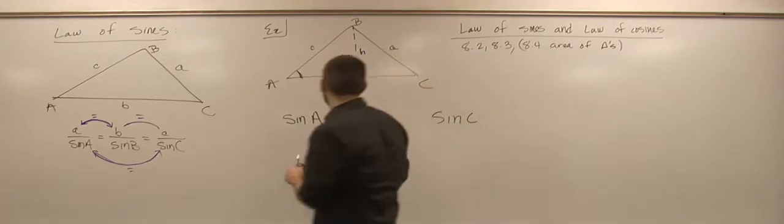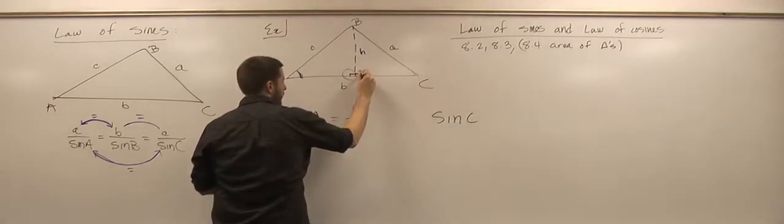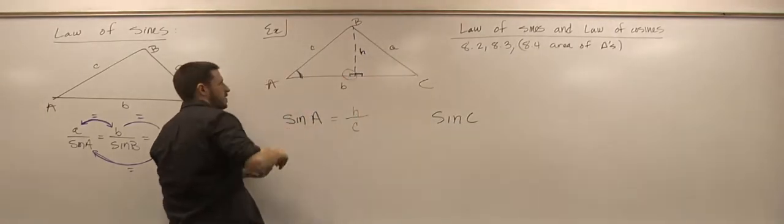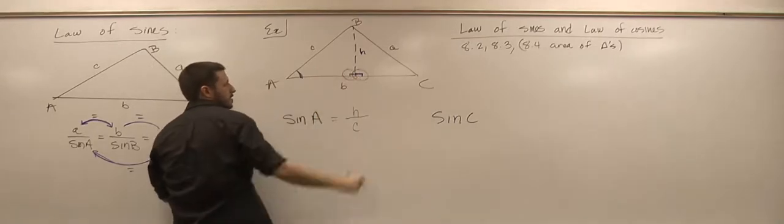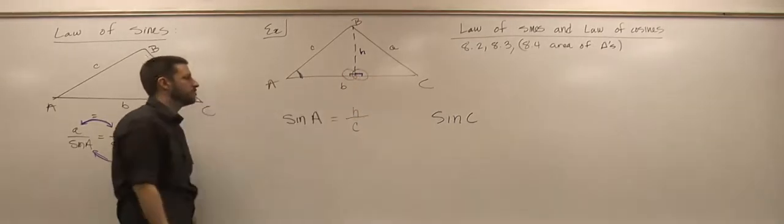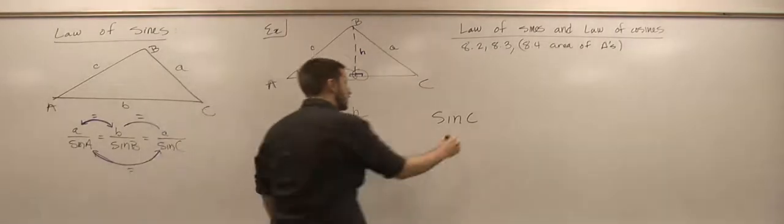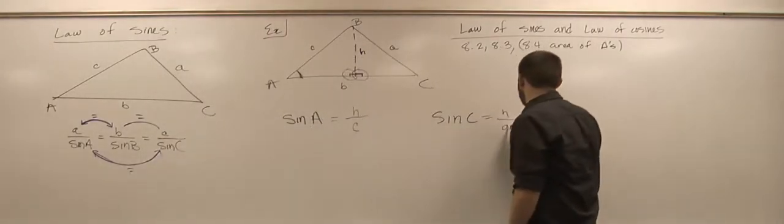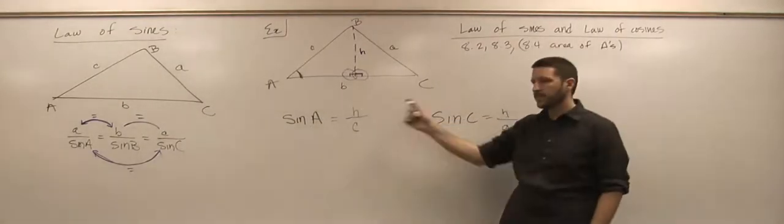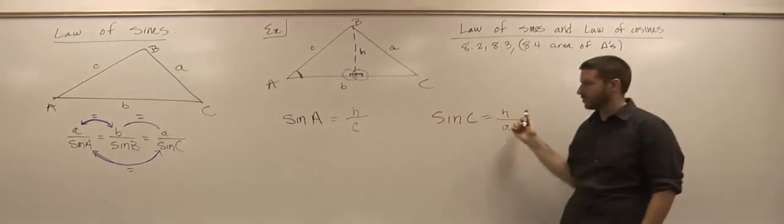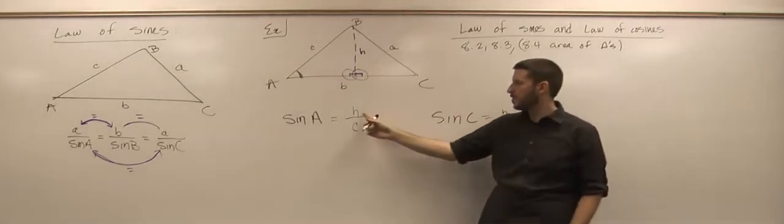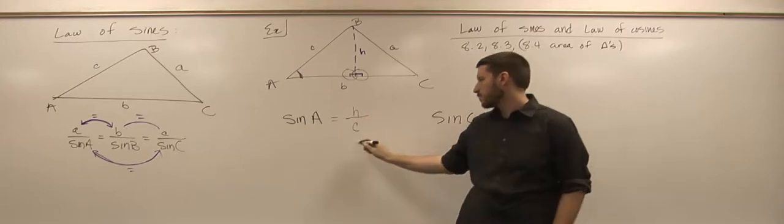Okay, but now turn your attention to the other side. There's another right triangle over here. So sine of C can be written as what? H over A. Both of these have an H in them. So if you solve this guy for H, what do you get? H equals what?